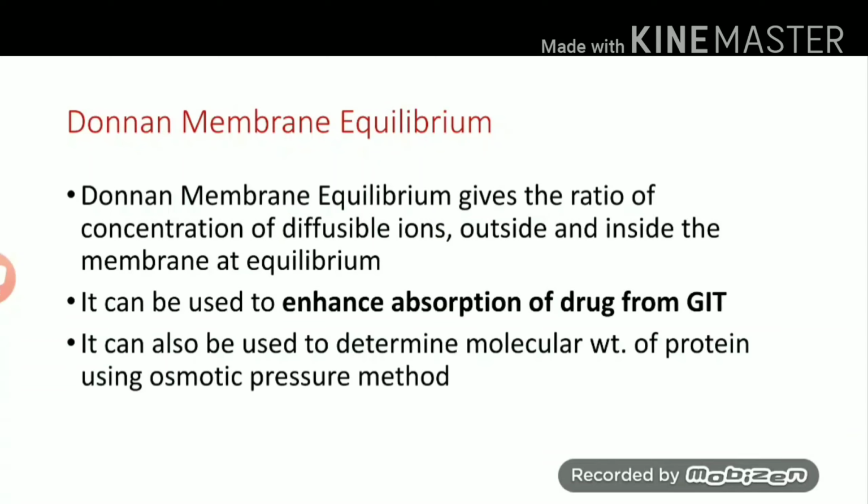It can be used to enhance absorption of drug from the gastrointestinal tract. It can also be used to determine molecular weight of protein using the osmotic pressure method.